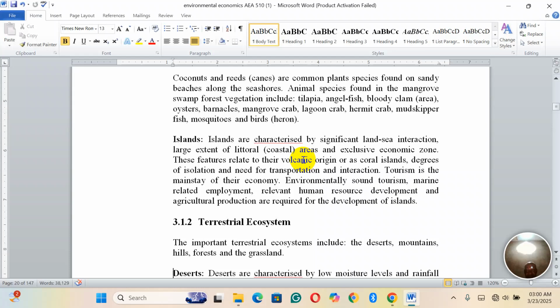So tourism is a mainstay of their economy. So environmental soil and sand, tourism and the related employment, the relevant human resource development and agricultural production are required for the development of islands.